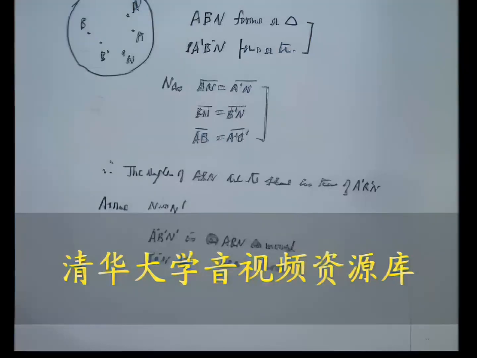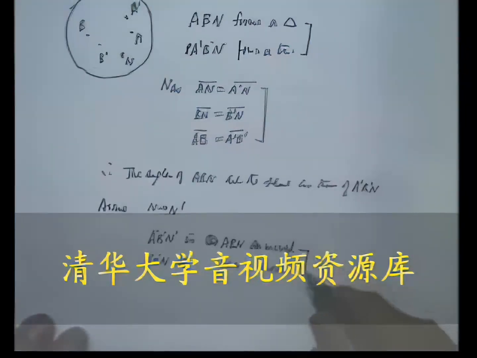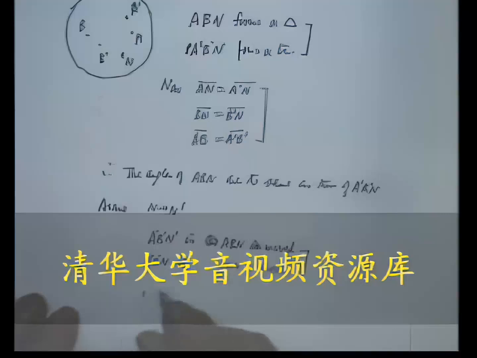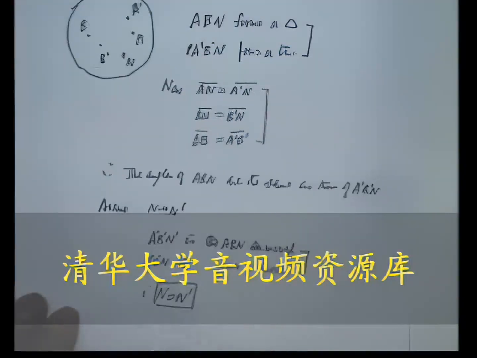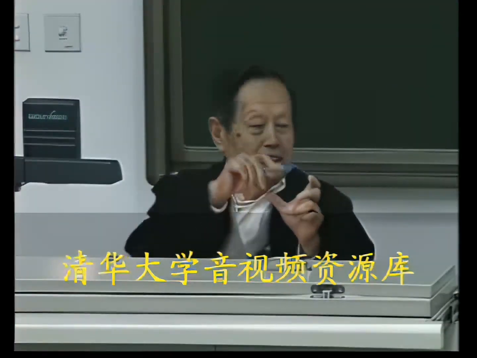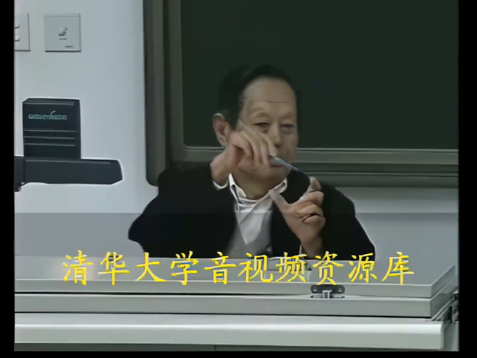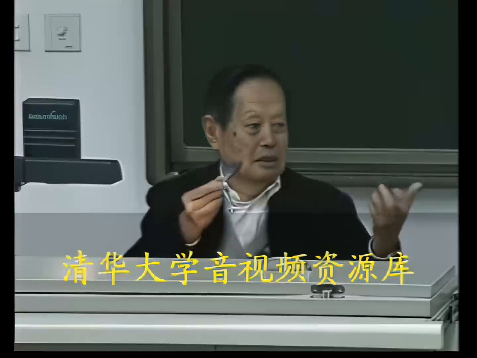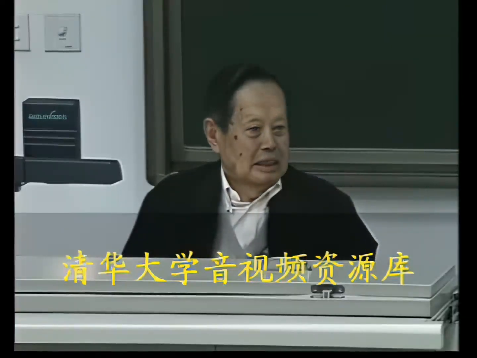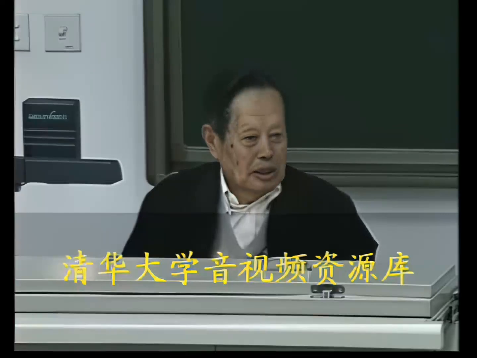So therefore, comparing these two, A prime, B prime, M prime is the same as A prime, B prime, N. So therefore, N is equal to M prime. On that sphere, A prime and B prime are also fixed, so there can only be one. A prime B prime N and A prime B prime M prime are the same triangle, so its apex must be the same.